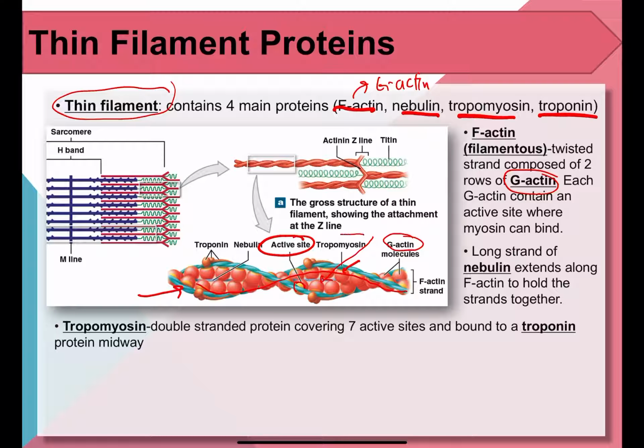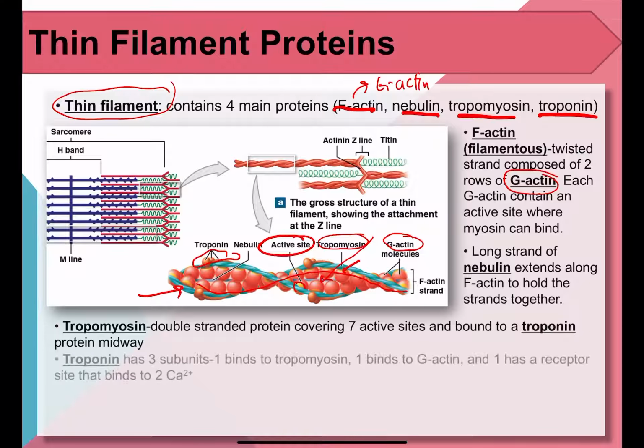So that's tropomyosin, and they're responsible for covering up all the active sites on G-actin unless it is triggered by a stimulus to reveal those active sites, okay? Troponin is that brown thing right here that sits on top of tropomyosin, that is responsible for rolling away the tropomyosin to reveal those active sites on G-actin, okay?